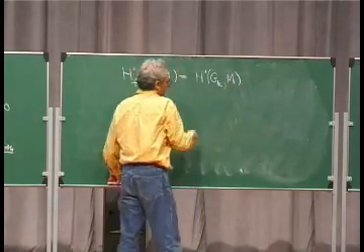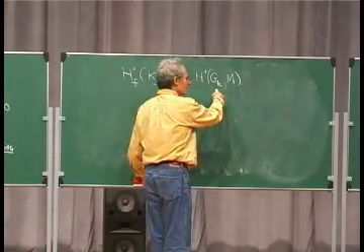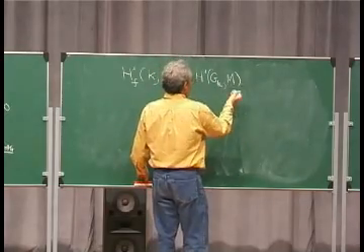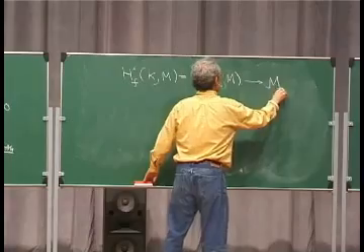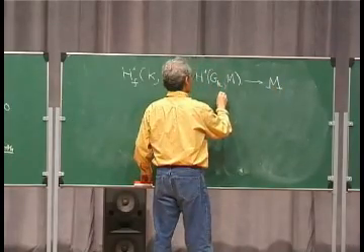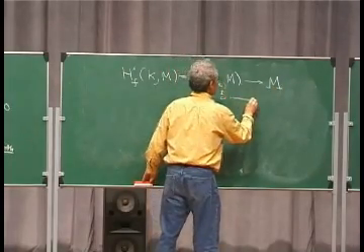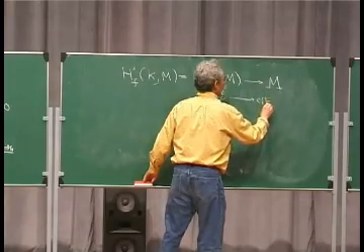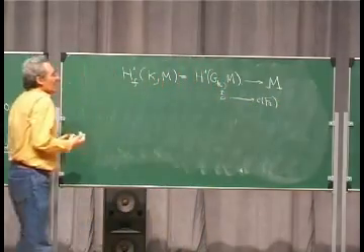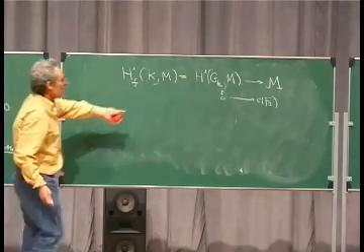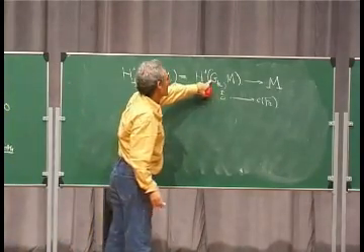And a cocycle here, if I evaluate such a cocycle on Frobenius, so if I take a cocycle representing an element here and I evaluate on Frobenius, I get an element of M. But that element of M is not well defined because I can change my cocycle by a co-boundary.